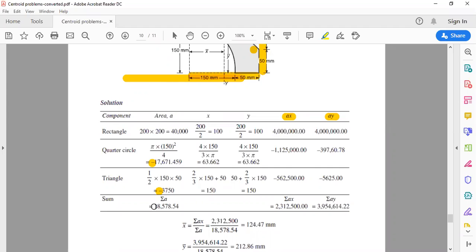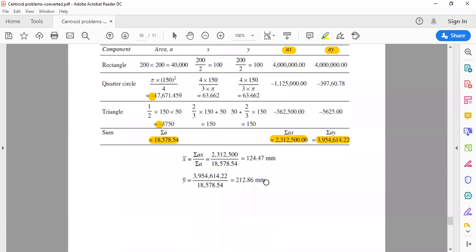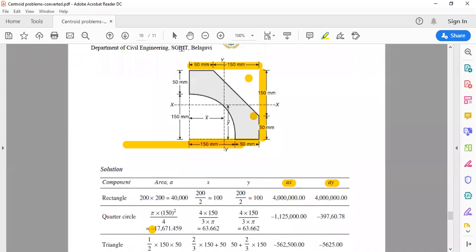Finally, we will calculate summation of area, summation of Ax, and summation of Ay. Finally, use them in the formulae to calculate x bar and y bar. So after substituting, we get x bar as 124.47 and y bar as 212.86. So in this, we found an interesting thing, that this quadrant of a circle and right angle triangle were the deductions which were to be made from the square.